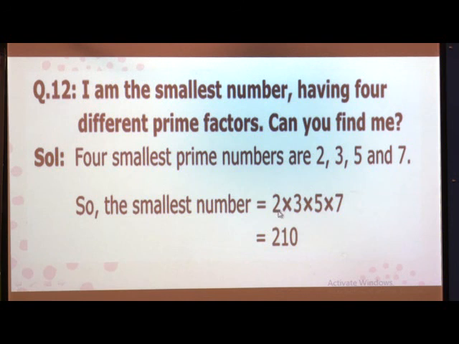After multiplying 2 into 3 into 5 into 7, we get 210. Therefore, the smallest number having 4 different prime factors is 210.